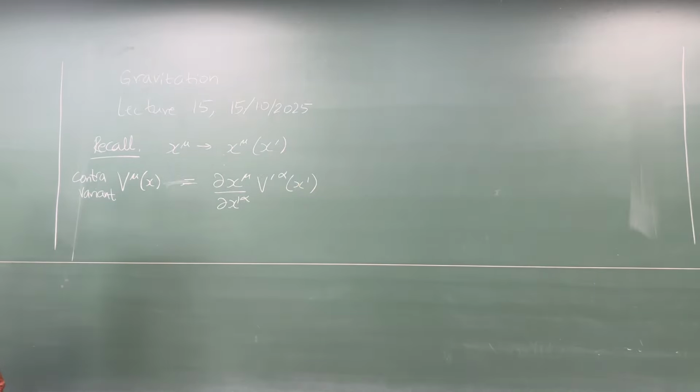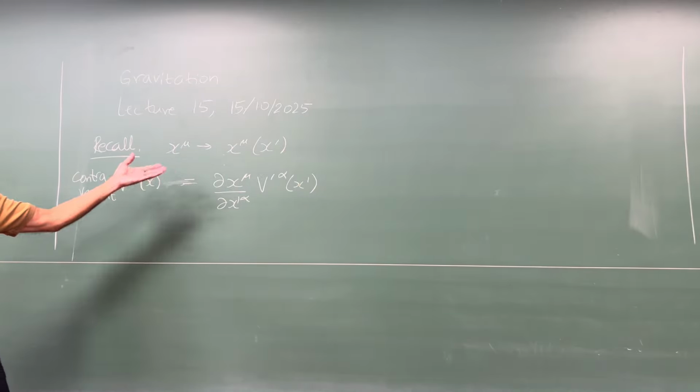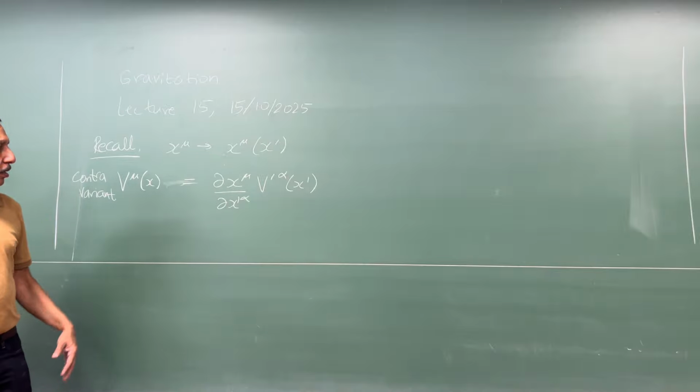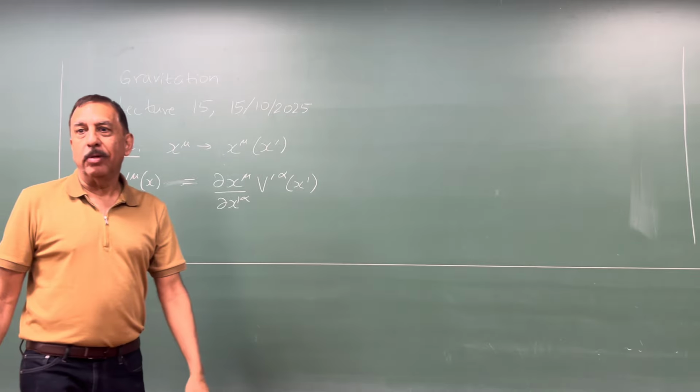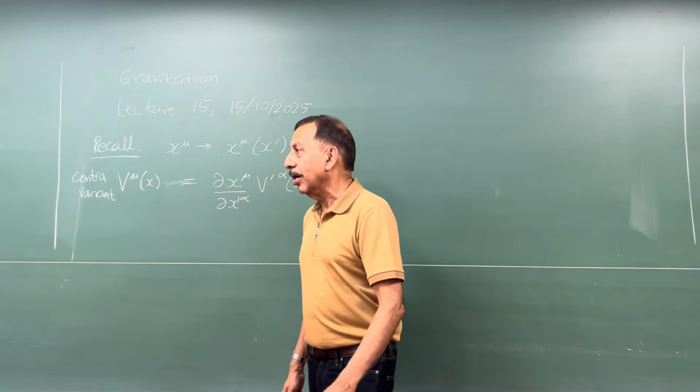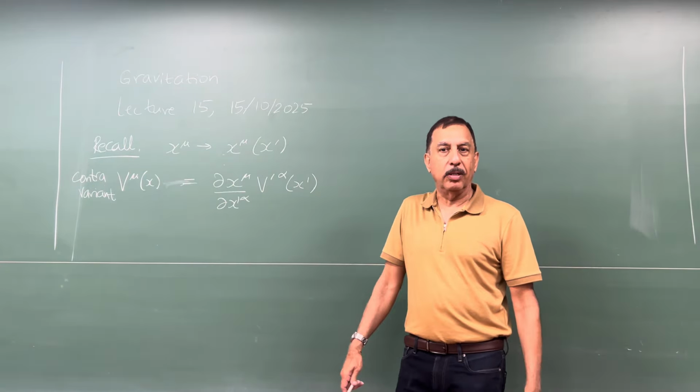I may have written it in a different way before, with the prime and unprimed exchanged, but this is one way of writing it. You have to memorize these formulae, but you can memorize them by understanding what they mean.